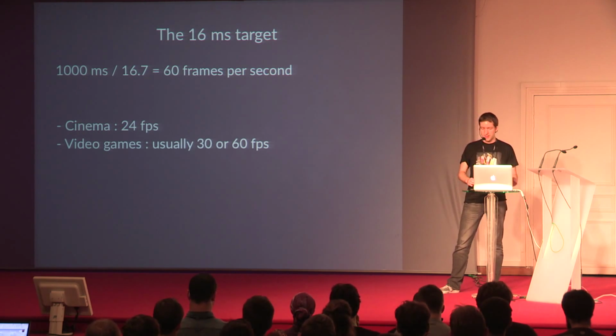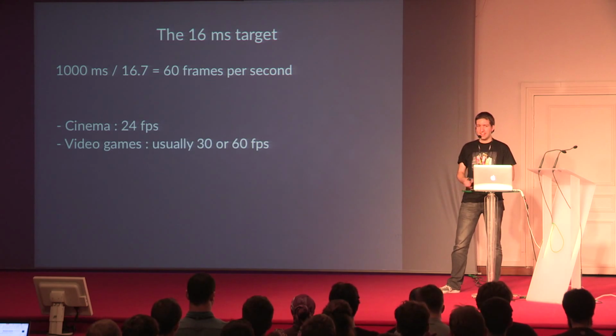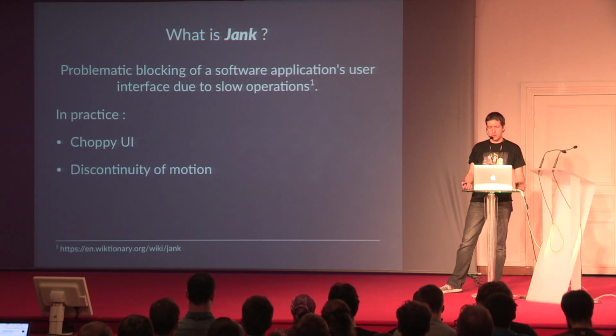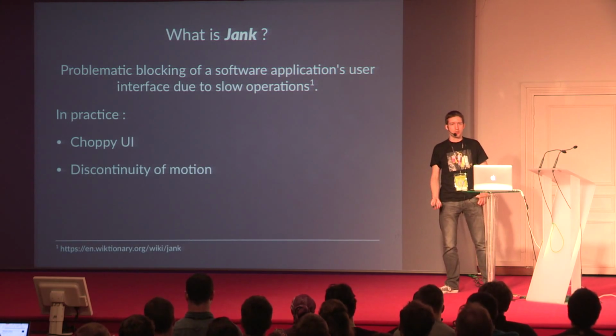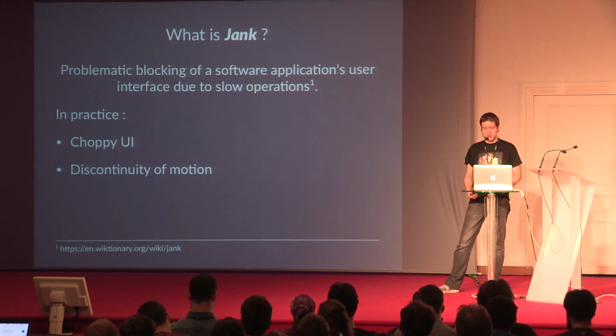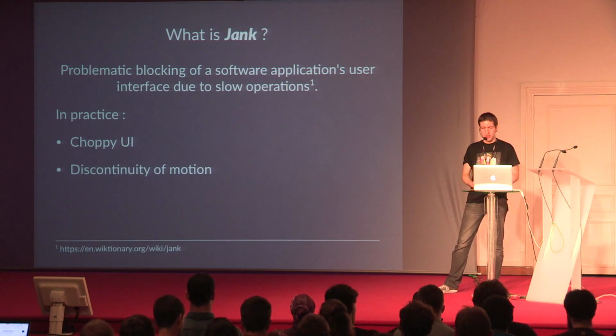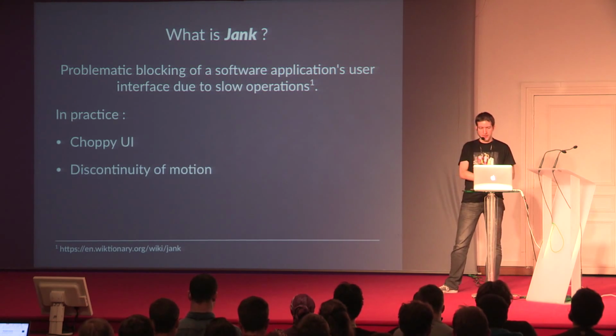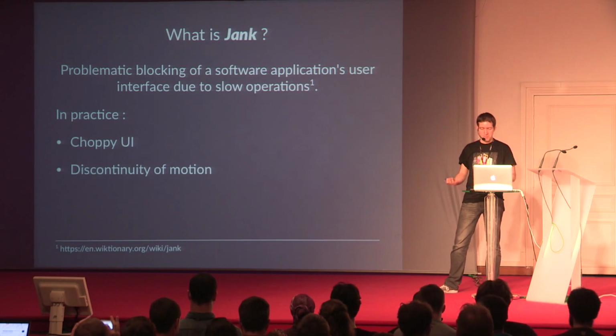Most users won't notice. If we miss more, 3, 5, 10 frames, we get jank. So what is jank? If I look at the dictionary, jank is defined as the problematic blocking of a software application user interface due to slow operation.